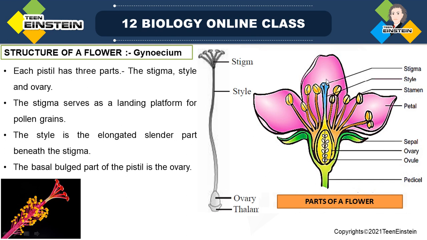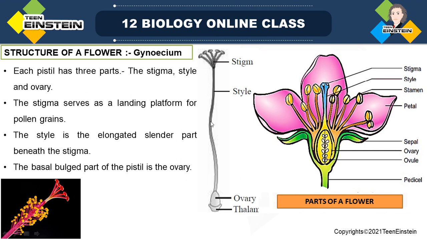Next is the style. So the elongated and slender part below the stigma is called the style. So below the stigma the style is present. In all flowers it won't be so much elongated. In hibiscus you can see an elongated long style. Normally it will be longer, but in all flowers it won't have so much length.